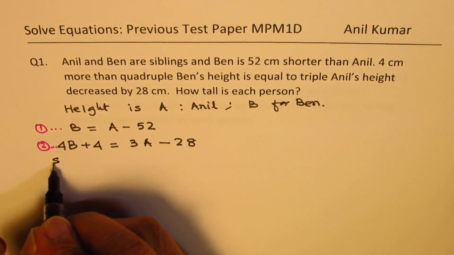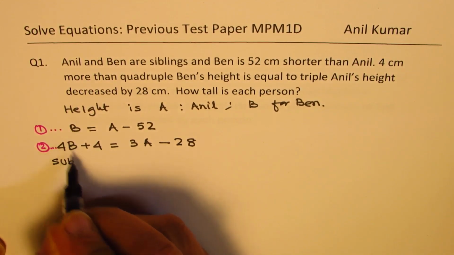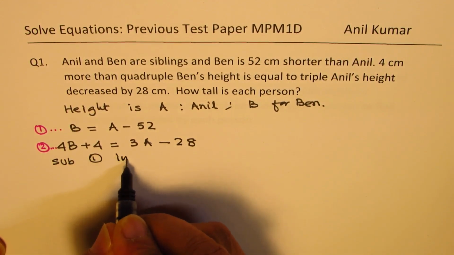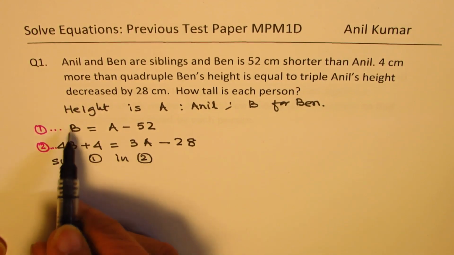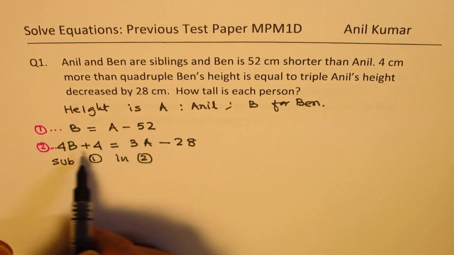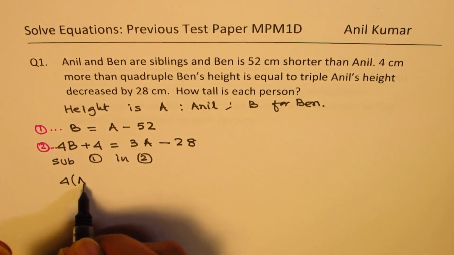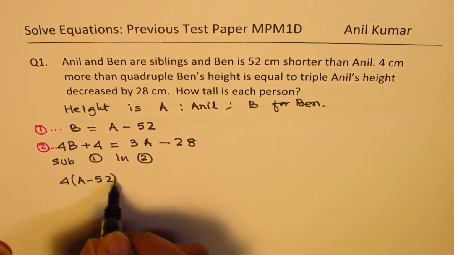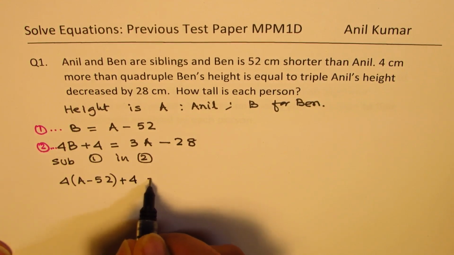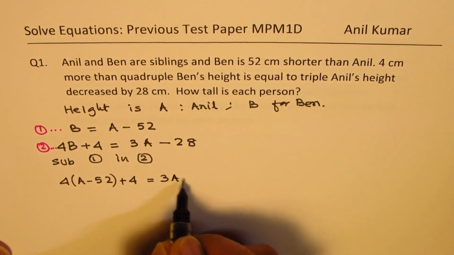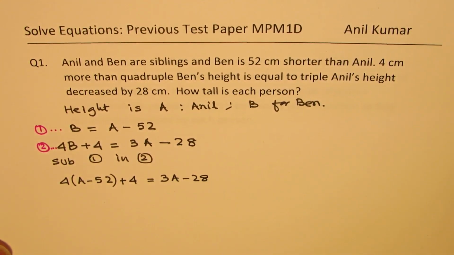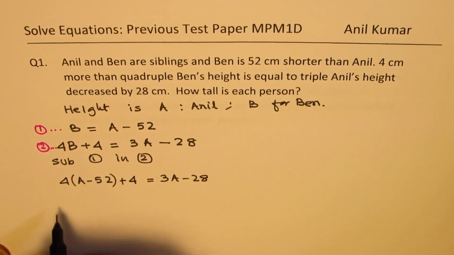So now we'll substitute 1 in 2. That is to say, the value of B, which is A minus 52, in the second equation. So we get 4 times (A minus 52) plus 4 equals 3A minus 28, right? Let's open the bracket.